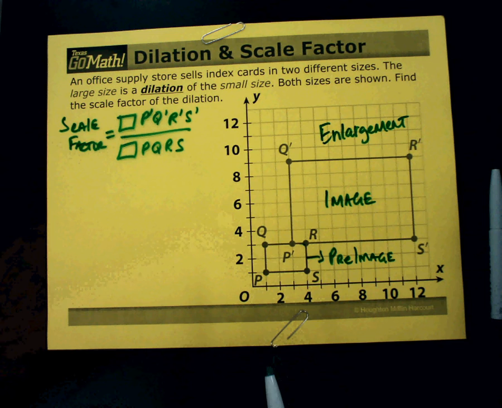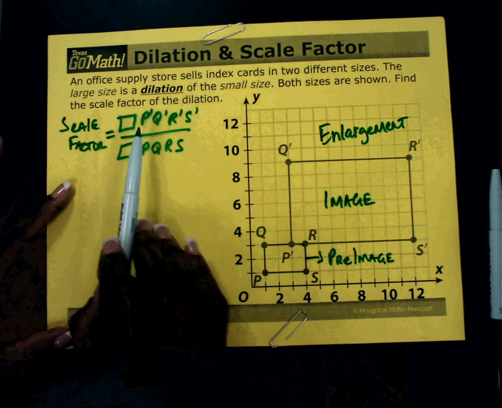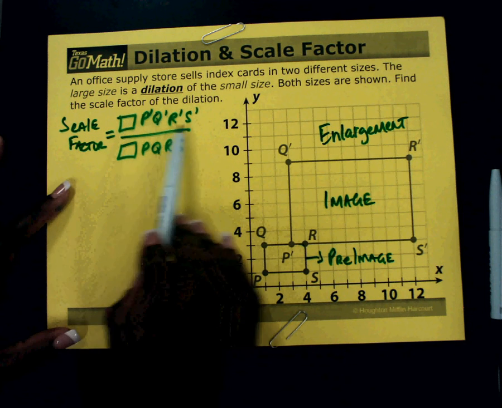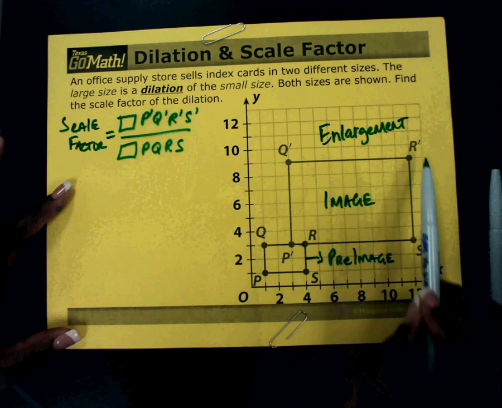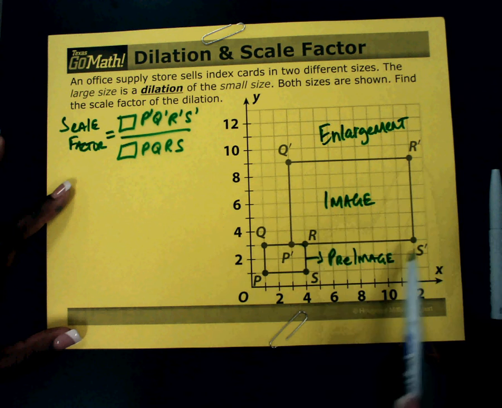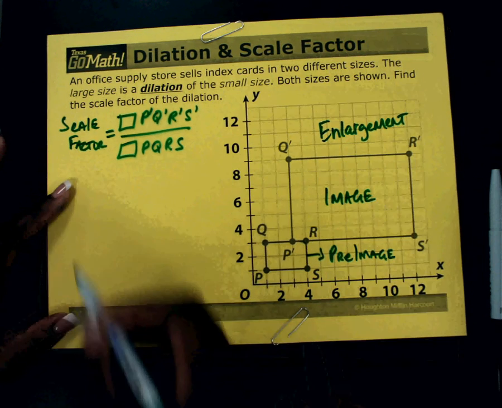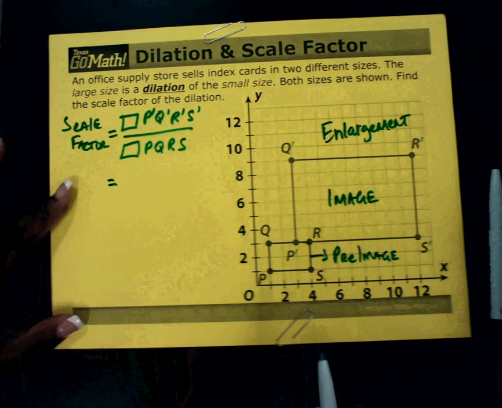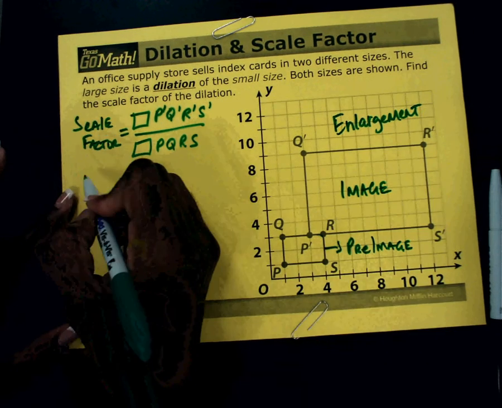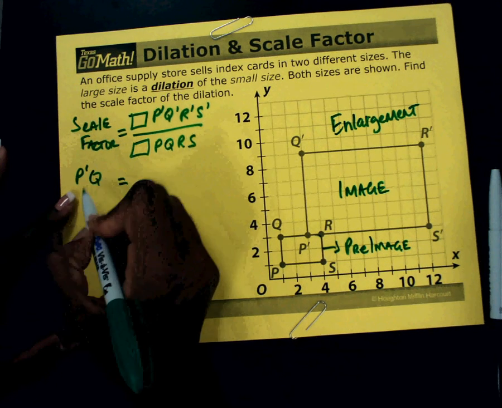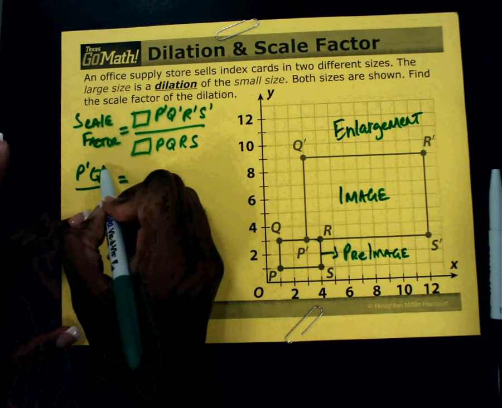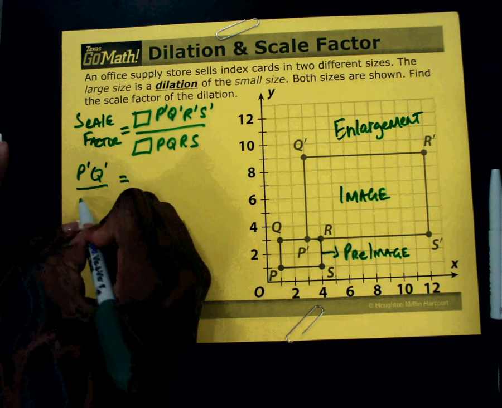Because we must start with our numerator being P prime, Q prime, R prime, S prime, we're going to look at the units for the larger figure, the image from the dilation. So let's do P prime, Q prime over P, Q.